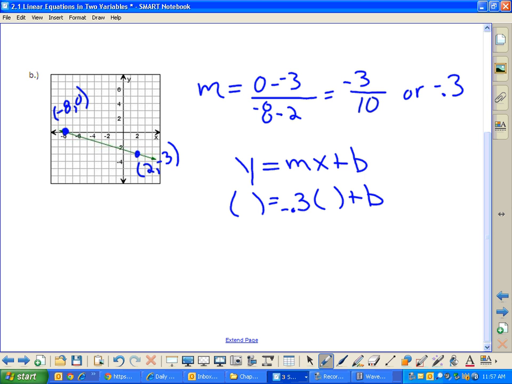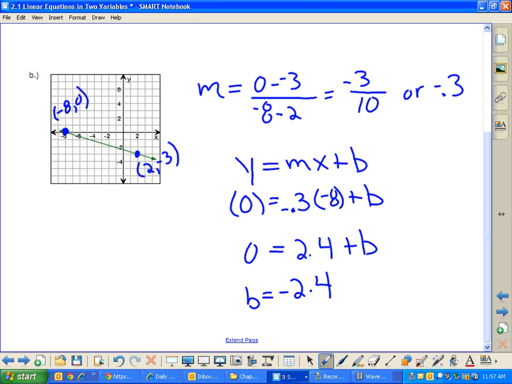I'm going to use (-8, 0) because I like 0, it makes the problem easy to work with. So I have my y value of 0 and an x value of -8. So I have 0 equals -0.3 times -8, which is 2.4, plus b. Subtract 2.4 from both sides. I know that my b value is -2.4.